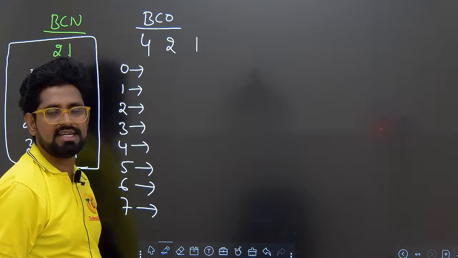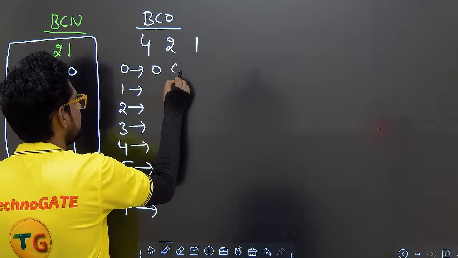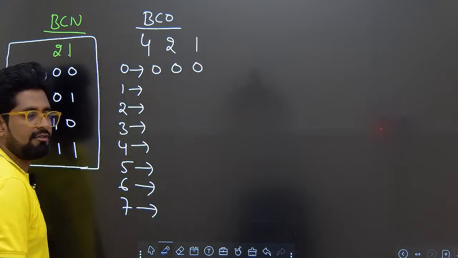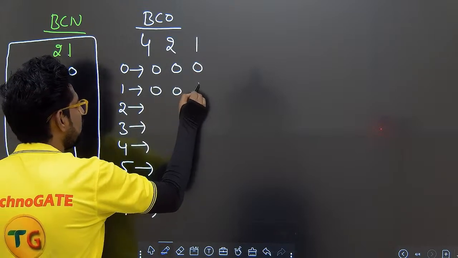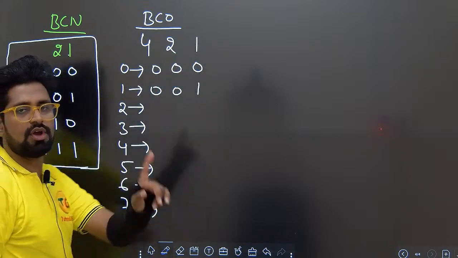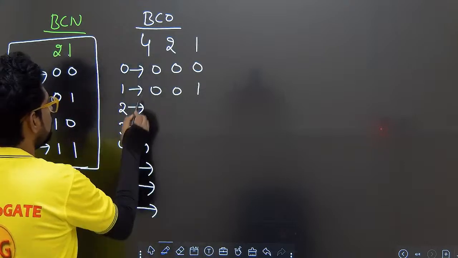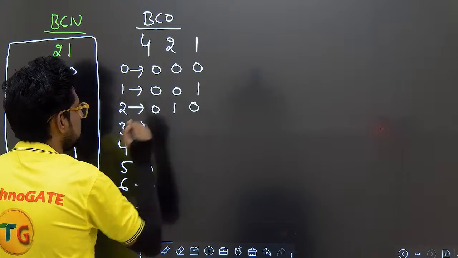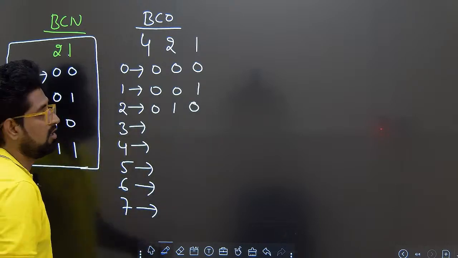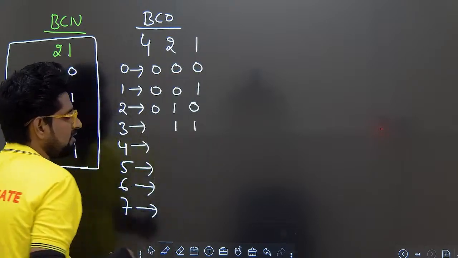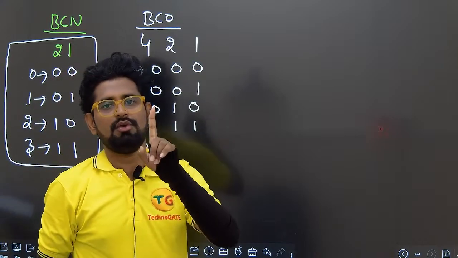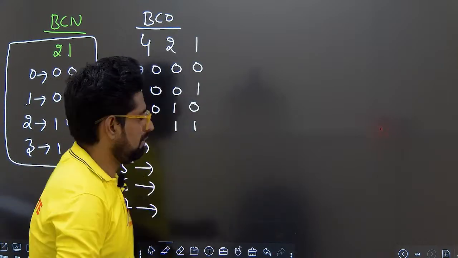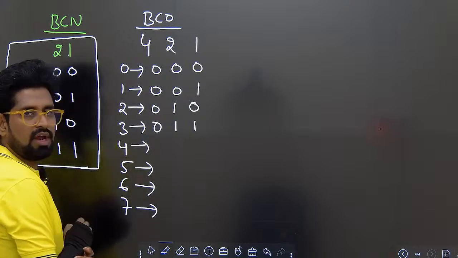Then how to write 0? 0, 0, 0. How to write 1? 0, 0, 1. Wherever 1 is there, just you have to keep 1. How to get 2? At the place of 2 you have to keep 1, remaining places are zeros. How to get 3? 2 plus 1 is 3. Whatever digits we are using, you have to replace them with 1. Remaining is 0.